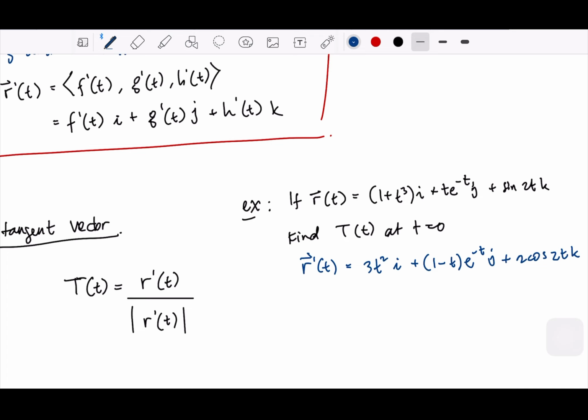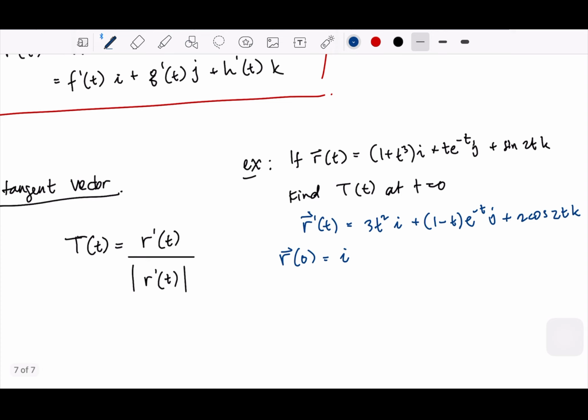This is just i for the vector at t equals 0, and then we can take the derivative and input 0. This is j plus 2k.